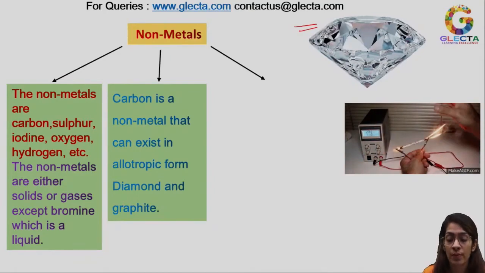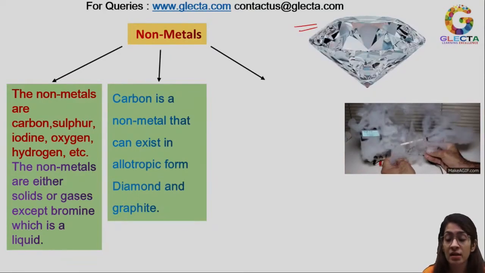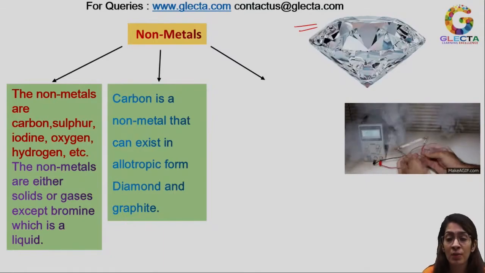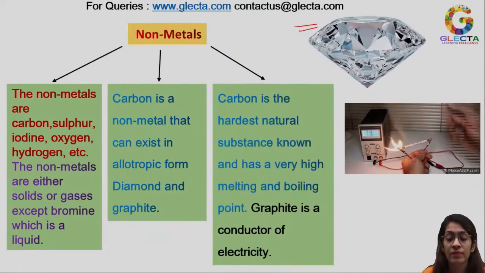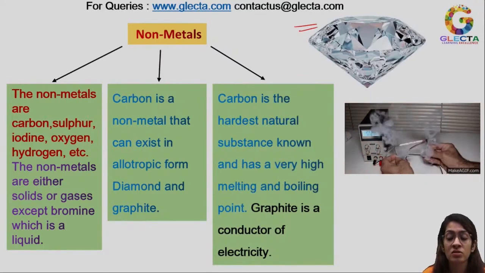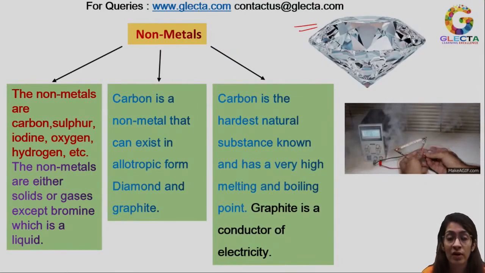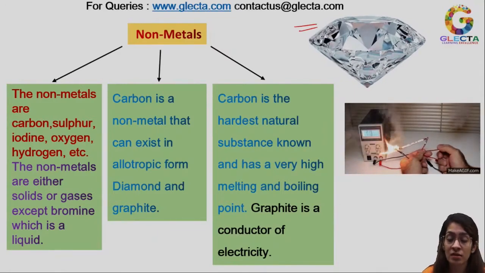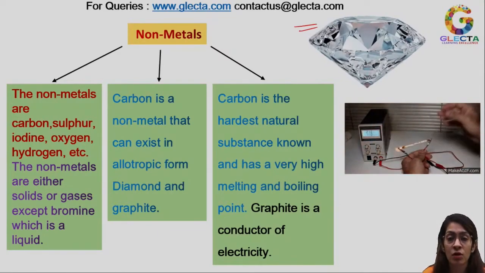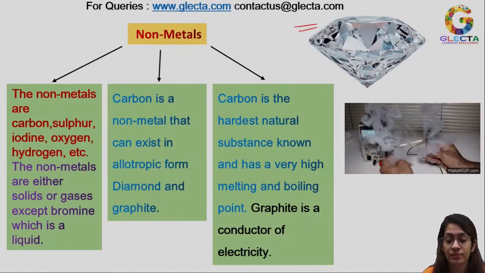And graphite is again a form of carbon which is a very good conductor of electricity. So, diamond is the hardest natural substance known, and it has a very high melting and boiling point, whereas graphite, its other allotropic form, is a good conductor of electricity.